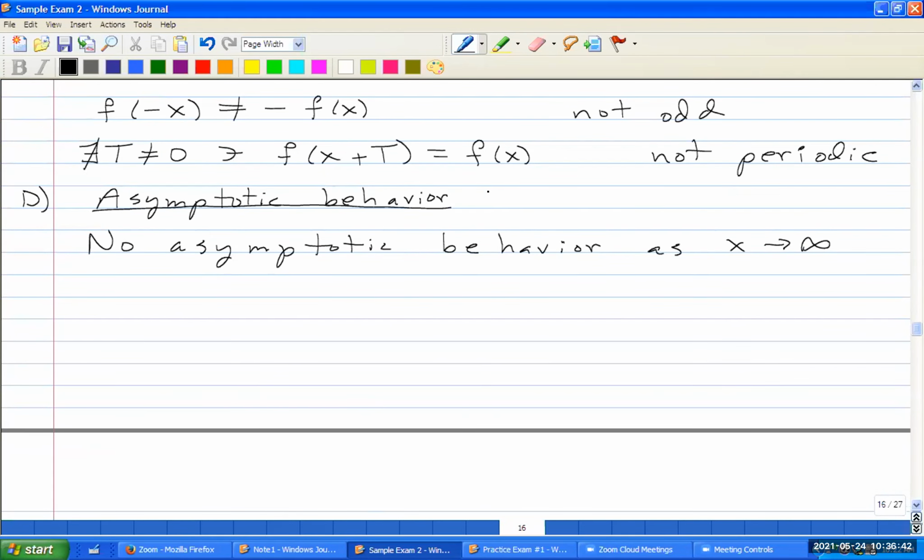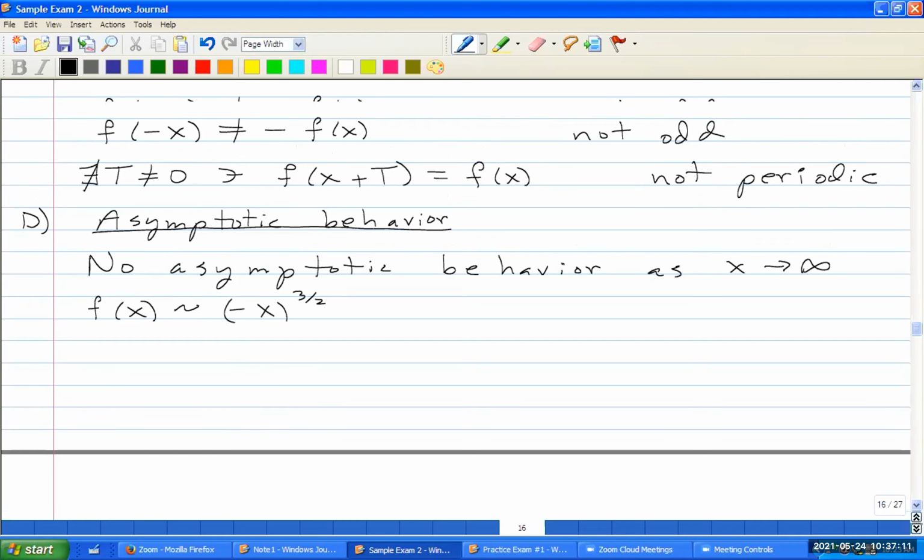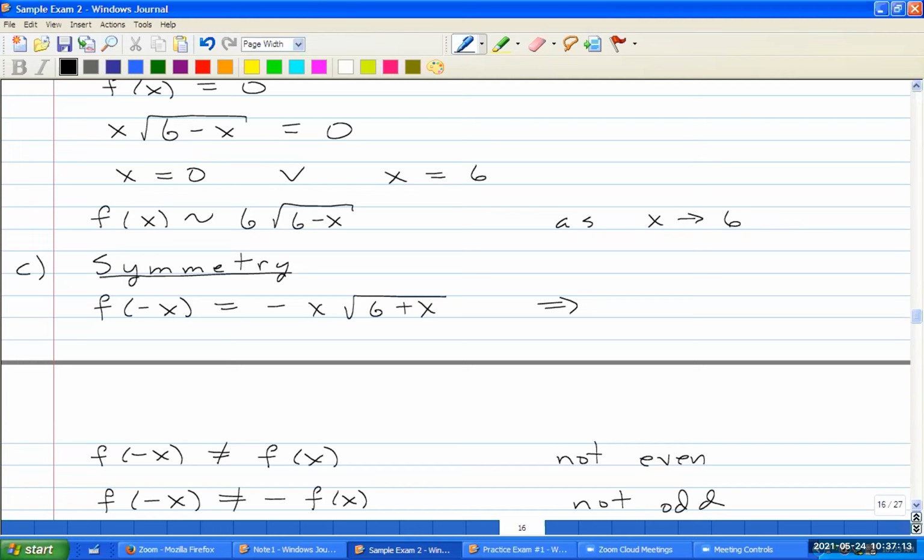So let's go to negative infinity. As x goes to negative infinity, it looks like x to the 3/2. So you can disregard the 6 here.